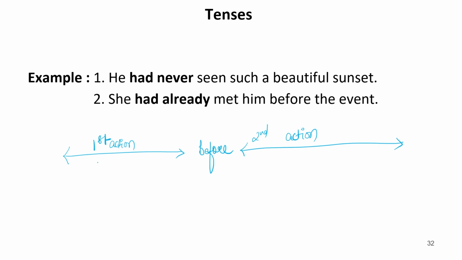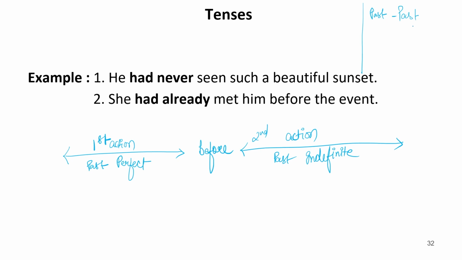We know very well that the action that first took place should be written in perfect tense. So perfect will be combined with indefinite, and past should form the combination with past tense only. Now always remember there are three types of combination. One is past with past.